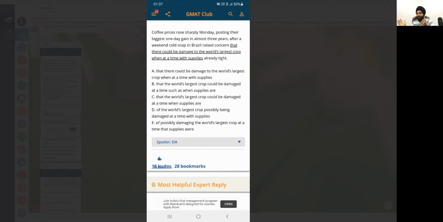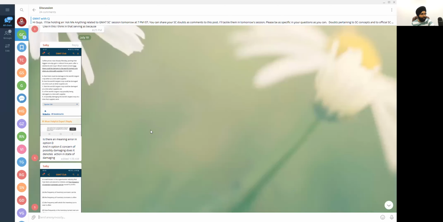But instead of that, they will give you a preposition phrase. So concern of the world's largest crop, and then a modifier for the crop. That does not make sense if you're reading it per structure. It means the concern is of the crop, which is nonsense, right? The concern is the crop could be damaged. So that is the meaning issue in option D.